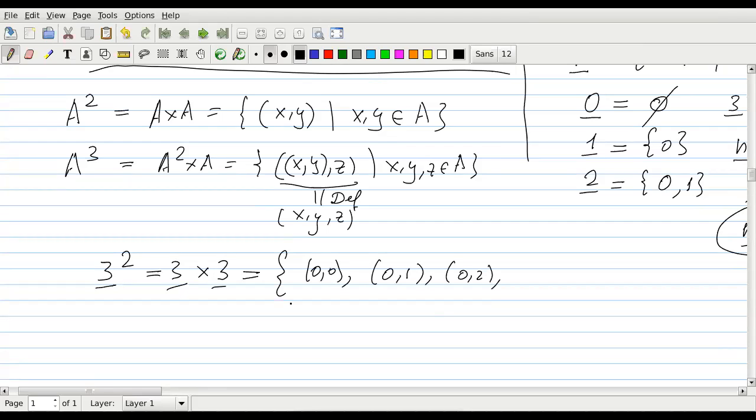Then 1. 3 multiplied by 3 is 9. It is still 9 in set theory. Set theory does not contradict your first high school grade material. So this is the thing you should already know. What else? To 0, to 1, and to 2.